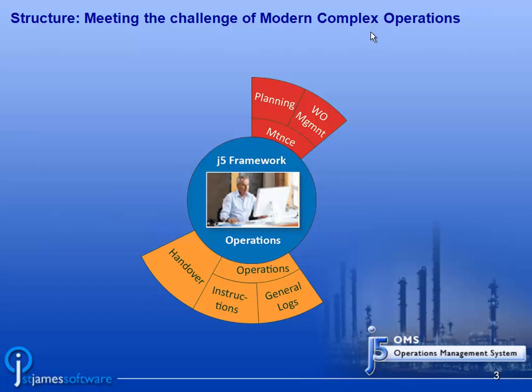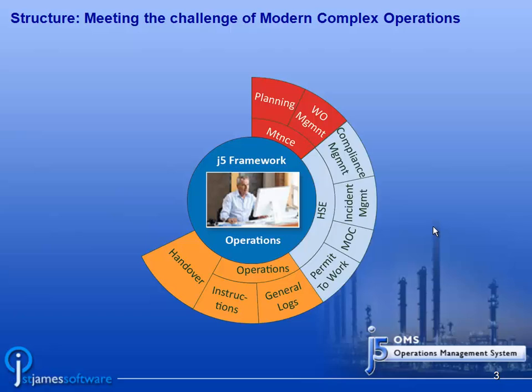Also, most important are all the functions associated with health, safety, and environment. To adequately manage this field, we need applications available to operations that look at permit to work, management of change, incident management, and compliance management. Again, there are more detailed instructions and tutorials on all of these applications.